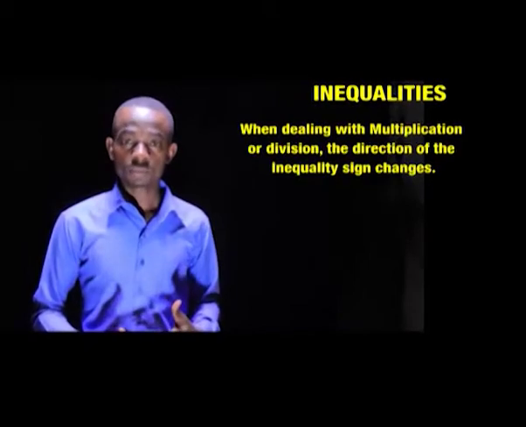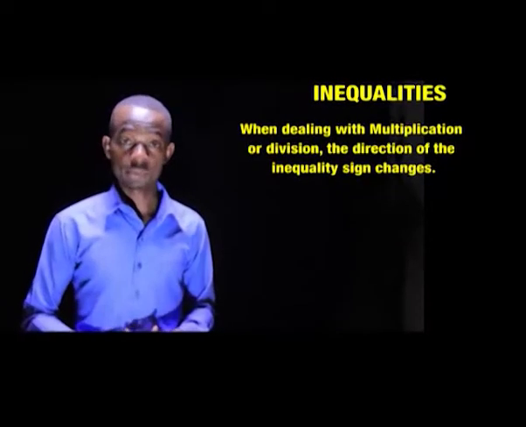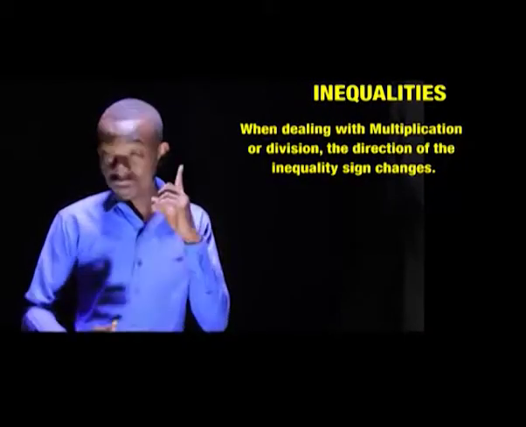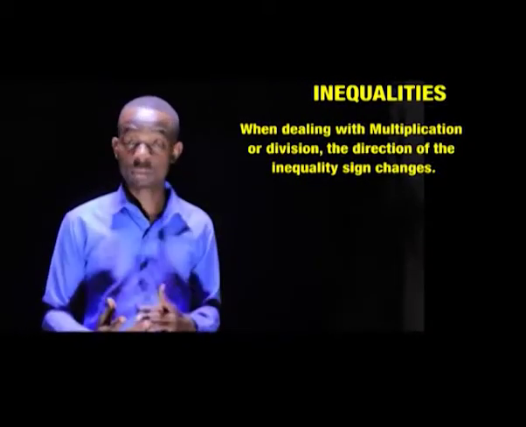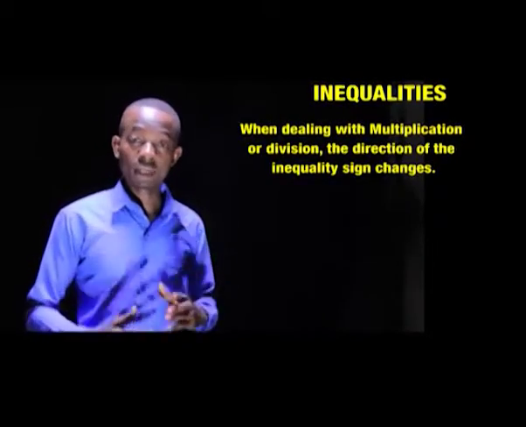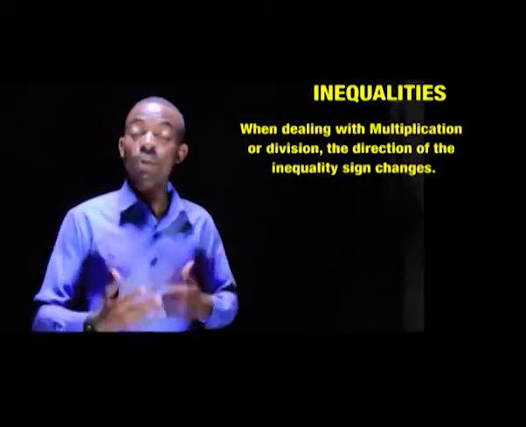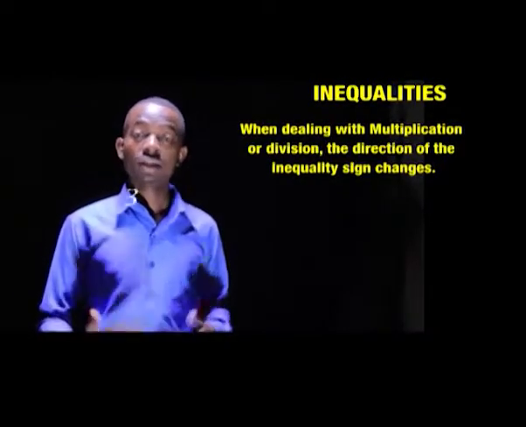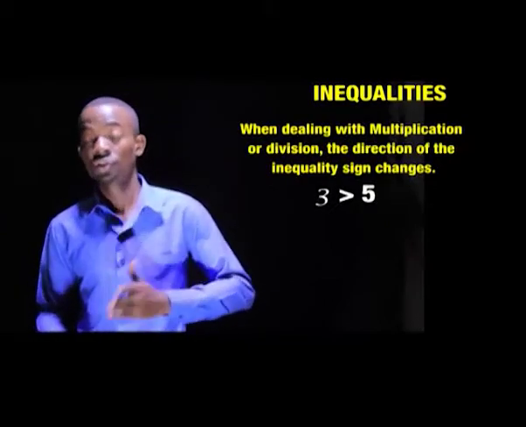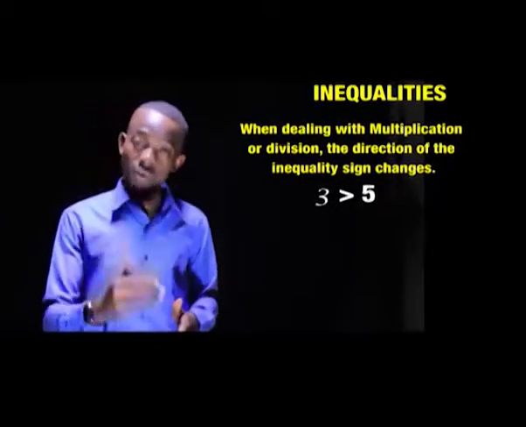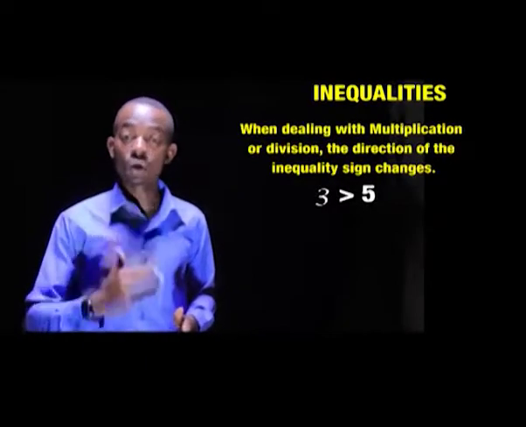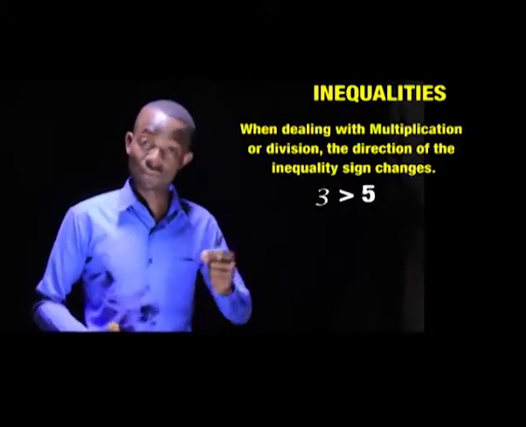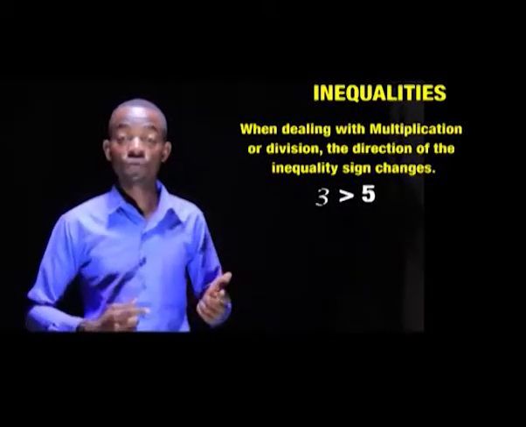I repeat, when I multiply or divide by a negative number on both sides, the direction changes. The other thing you have to note is that when I multiply or divide by a positive number on both sides of the inequality, the direction does not change. So the direction of the inequality changes only when you multiply or divide by a negative number on both sides.